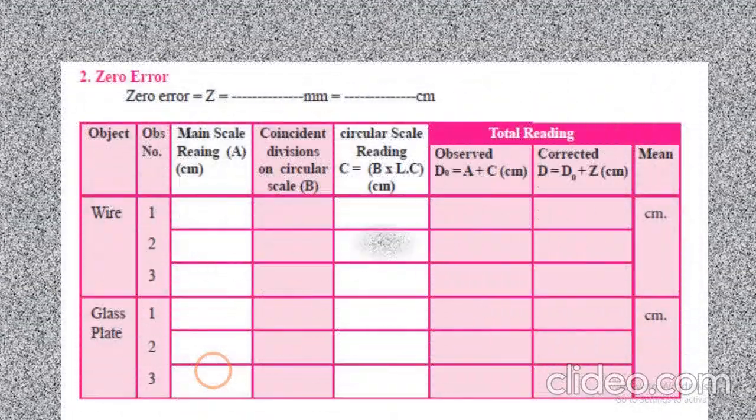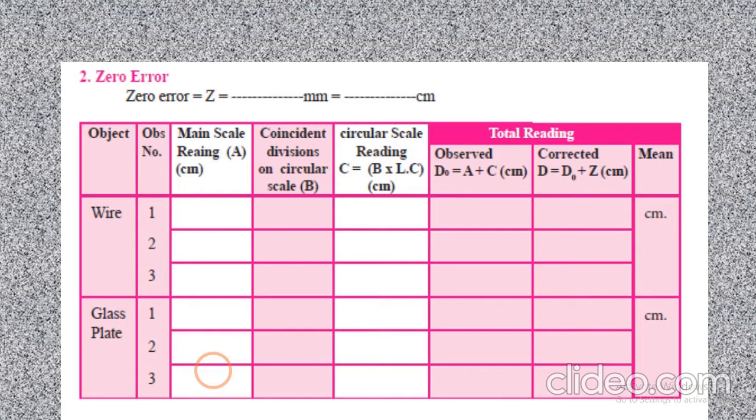When we consider the observation table regarding this, we have to find out zero error for that instrument and check whether that is a positive error or negative error. For wire and for glass plate, the calculations and observation table are the same. First of all, we have to find out main scale reading. Then we have to find out coinciding division on circular scale.